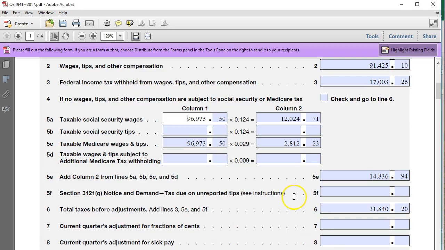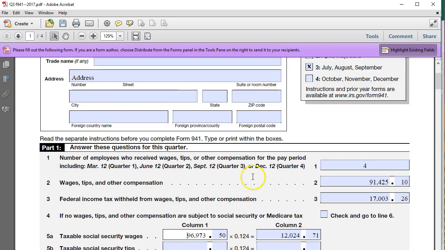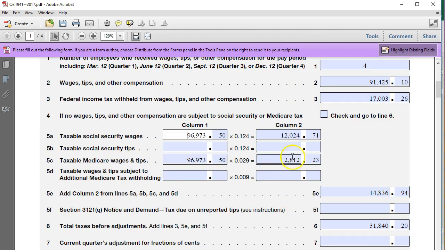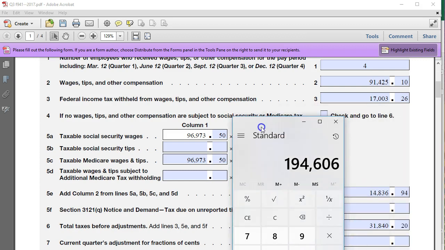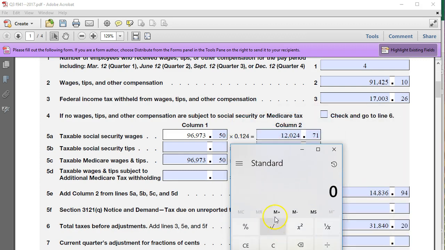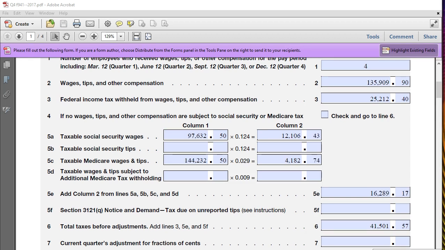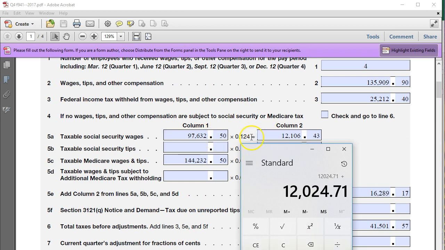amount that was paid. This one could be a little tricky, so we're back on 941 3rd quarter, and we're picking up the amount of payment. So that's going to be Social Security paid 12,024.71 plus the 4th quarter. If we go to the 4th quarter, so this is the 4th quarter 941.